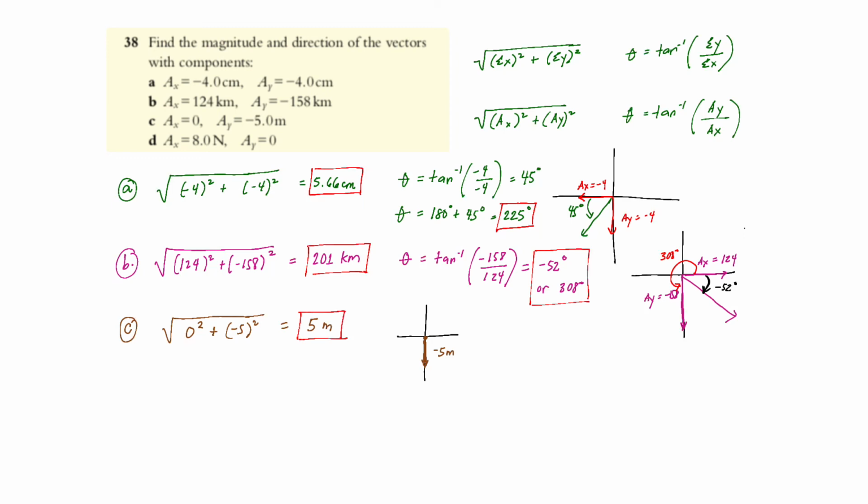So the angle here could be negative 90, or from here up to here, 270 degrees. So our answer would be 5 meters at negative 90 or 270 degrees.